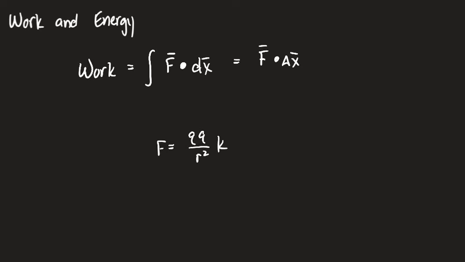So if I wanted to find out the work done on one particle by the other, can't use this because this assumes the force that's acting is constant the whole time. And that's just not true for most cases that we're going to start with. So we need a more robust way of talking about it, and the integral is the only way to do so.